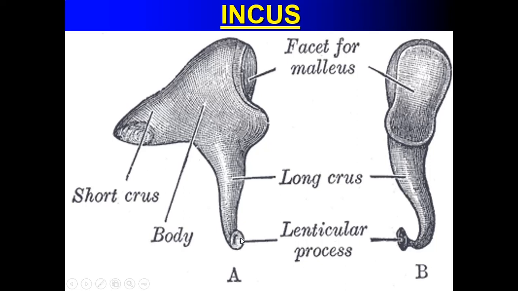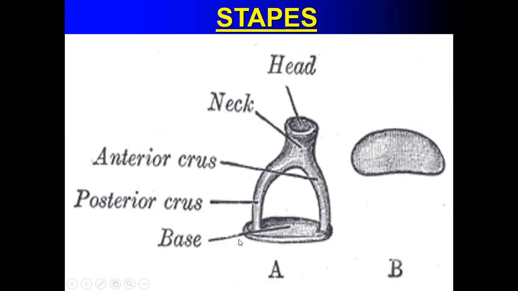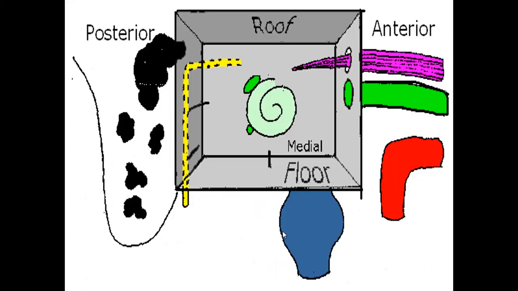The tip of the long process of incus is called the lenticular process. At this side, it is attached to the head of the stapes. The stapes has a head, a neck, the two crura, the anterior crus, the posterior crus, and a base which is attached to the oval window.